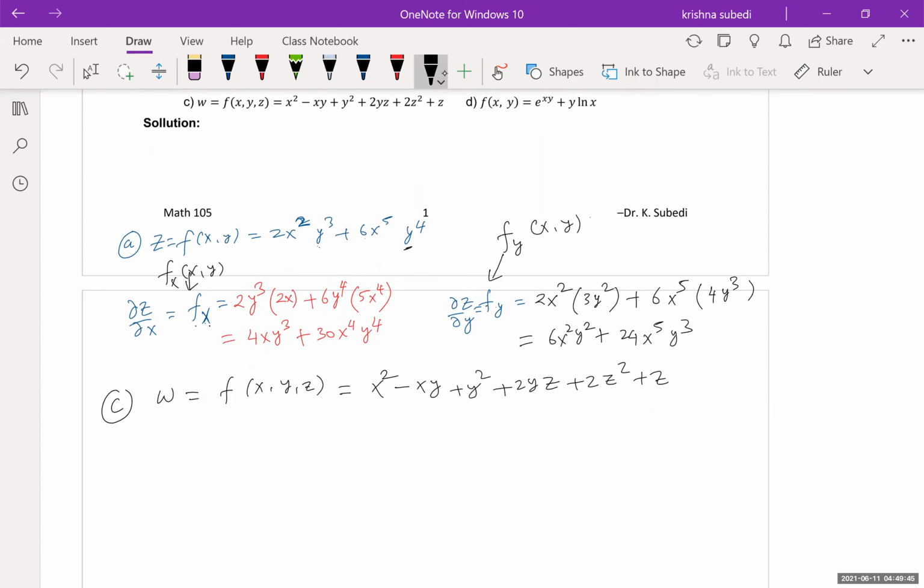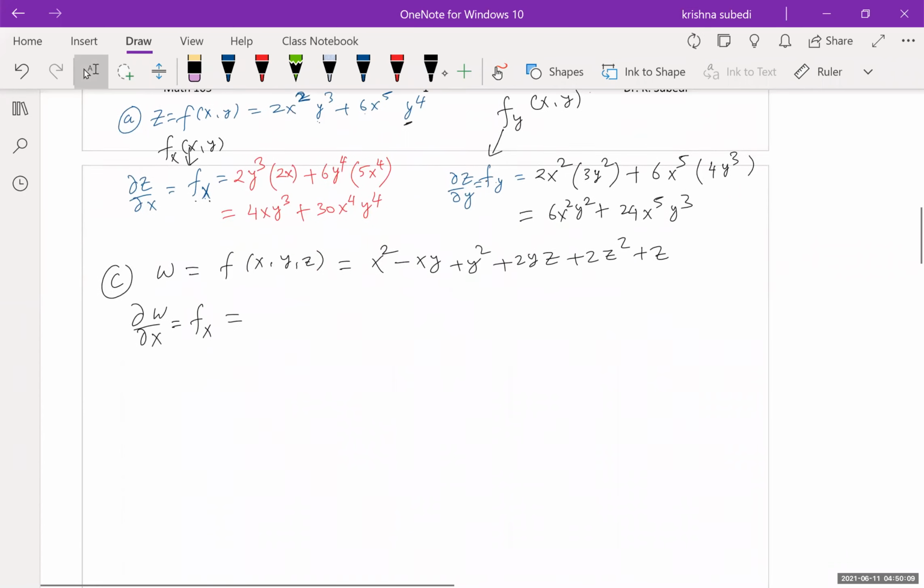Now there are three variables, so we'll have three first order derivatives here. One first order derivative is f sub x, which means delta w over delta x.